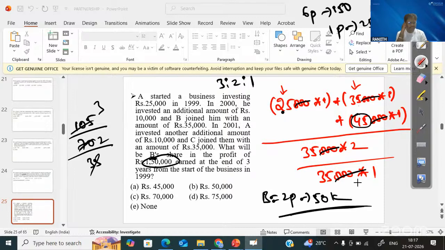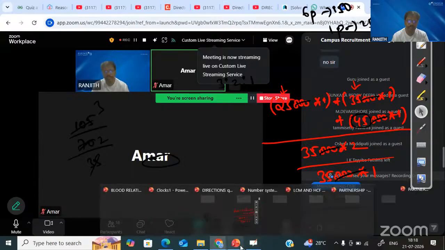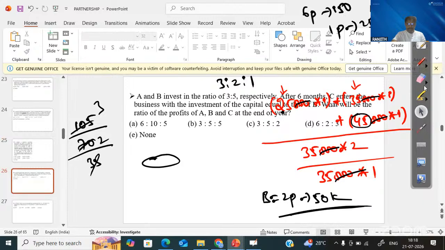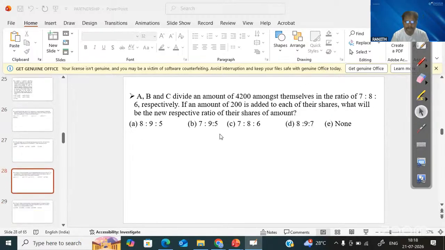Answer is 50,000. Next, what is the answer here?